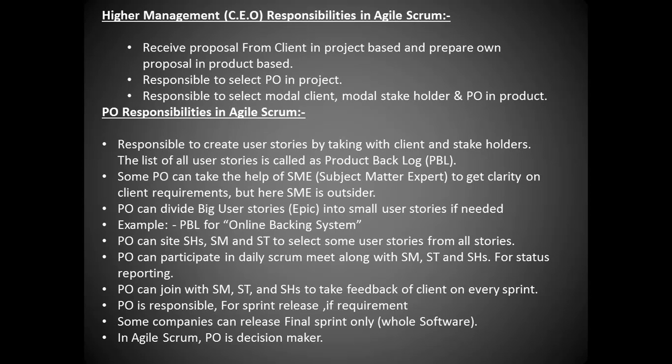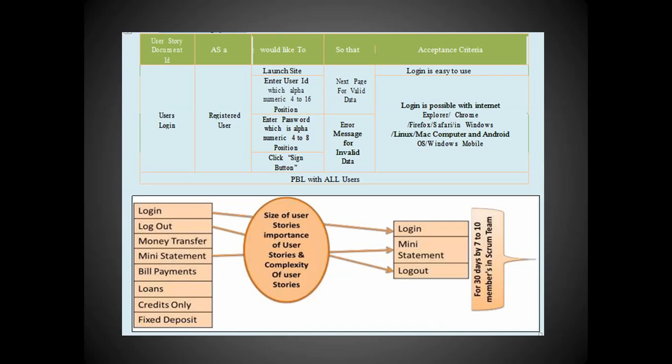The PO is responsible for sprint release if required. Some companies release only the final sprint, the whole software, and this varies from organization to organization. In Agile Scrum, the PO is the decision maker.